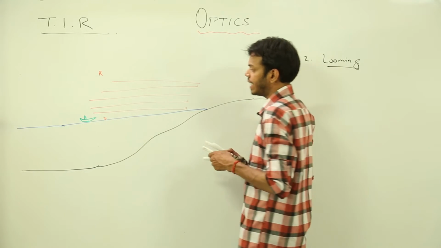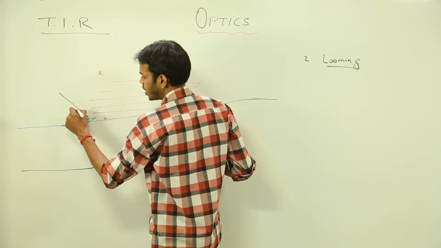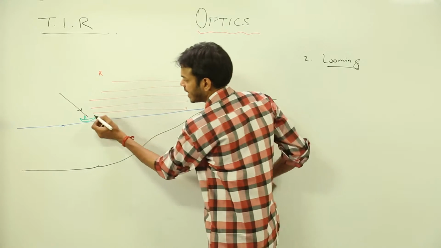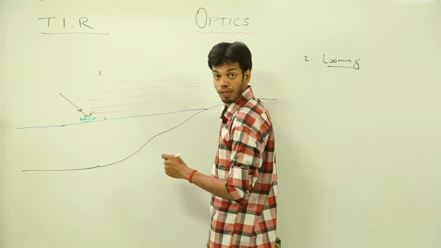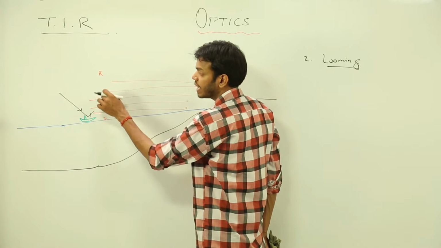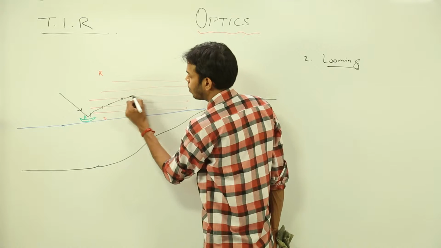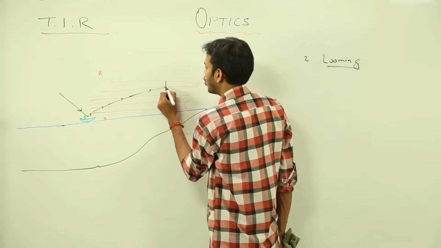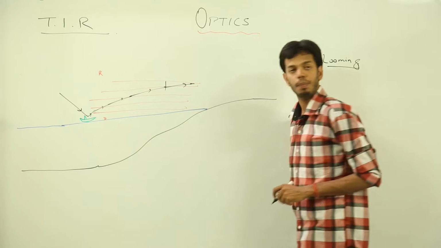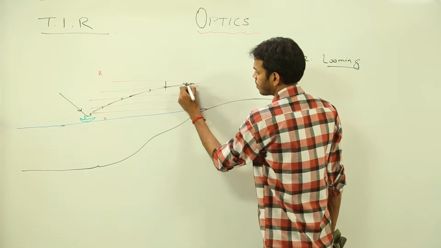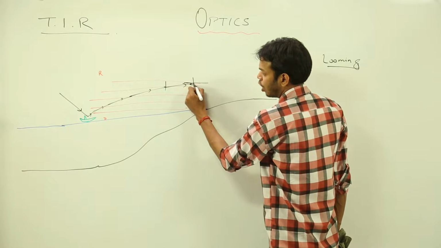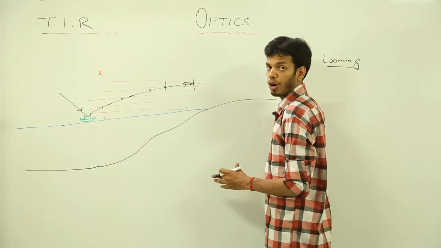So the ray of light which is incident on this boat gets reflected, but this time the ray of light is again traveling from denser to rarer, so it will keep on bending away from the normal, and this phenomenon will keep on happening till the point where the angle of incidence, at what point?